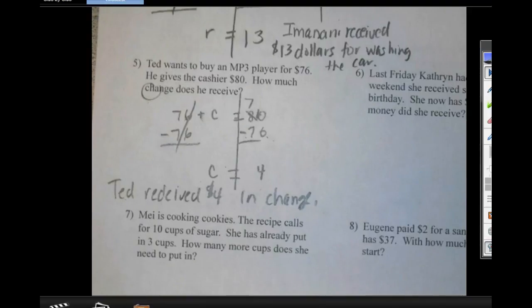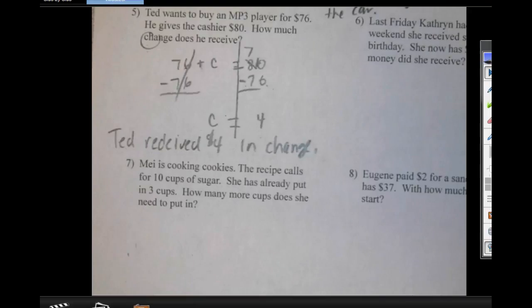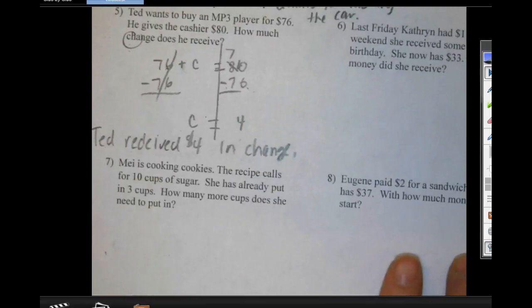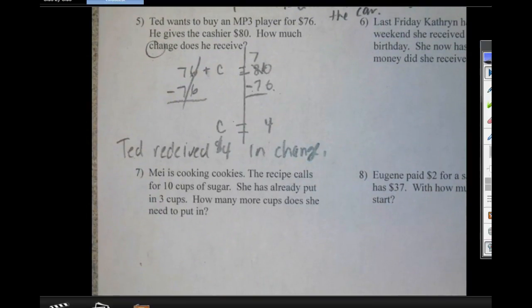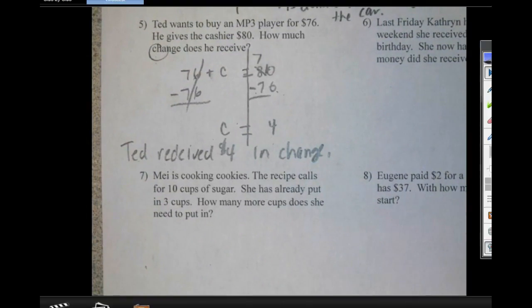All right, so I'm going to read number 7. And then you guys are going to solve it. Okay? So number 7 says, May is baking cookies, maybe? I don't know.